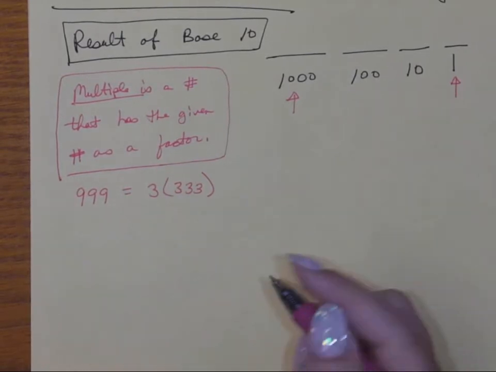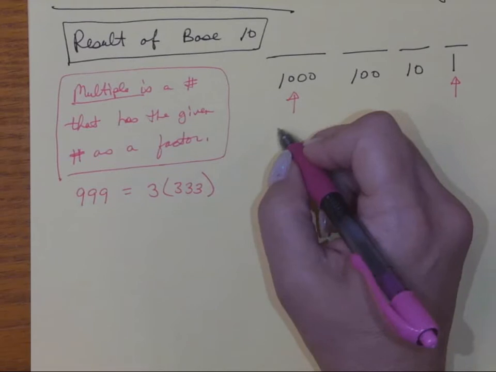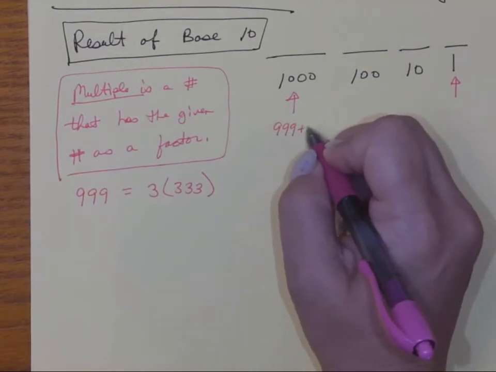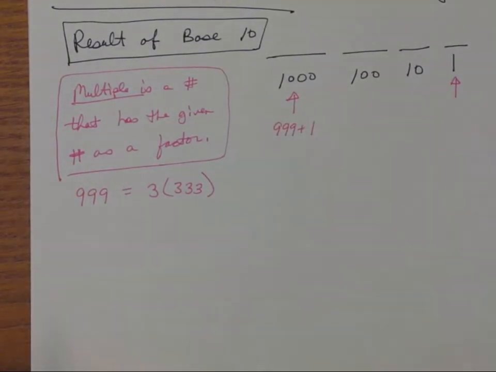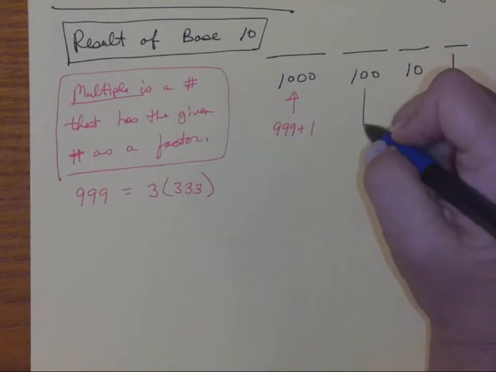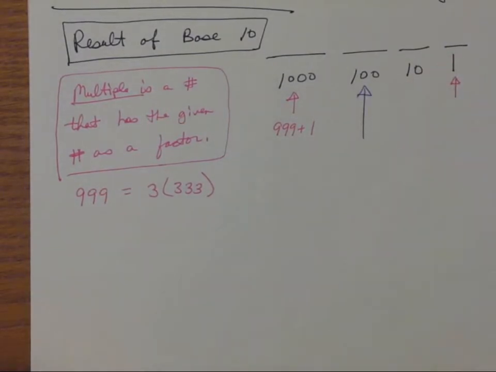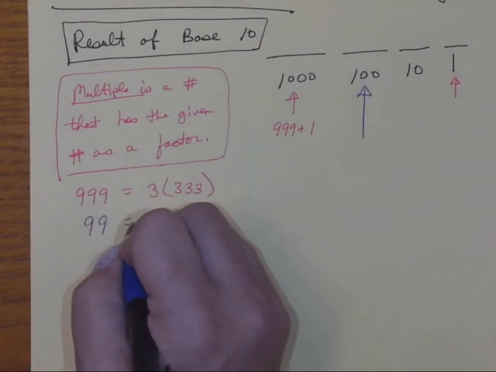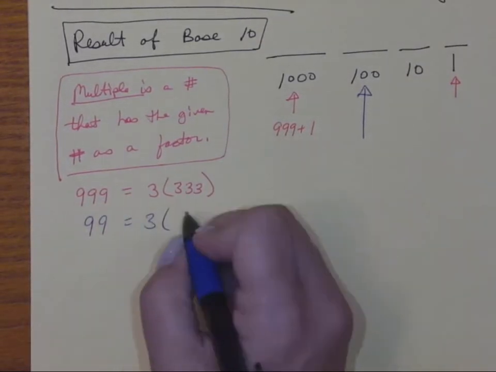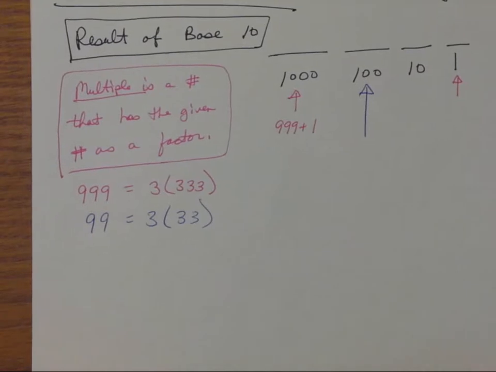We can see that. So what I'm saying about 1000 is it's 999 plus 1. Does everybody agree with that? Okay. And then over here, I can do a similar thing. 99 is 3 times 33, right? So 3 times 33 means that 99 is also a multiple of 3.